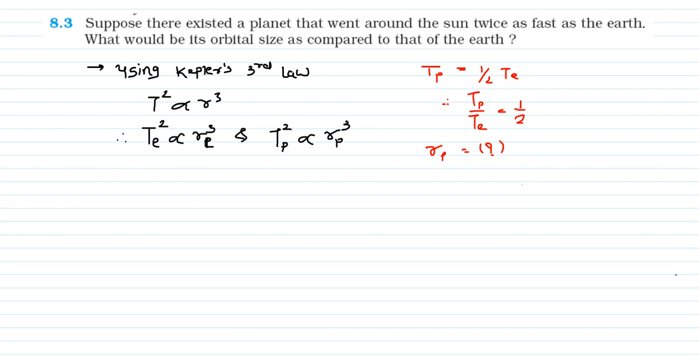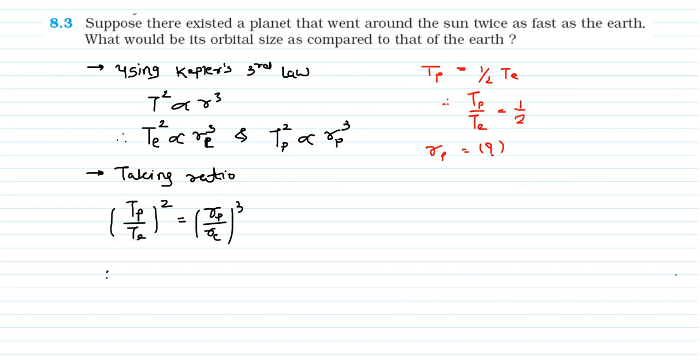Now, taking a ratio, Tp upon Te whole square is equal to Rp upon Re whole cube. Therefore, Rp upon Re is Tp upon Te to the power 2 by 3.